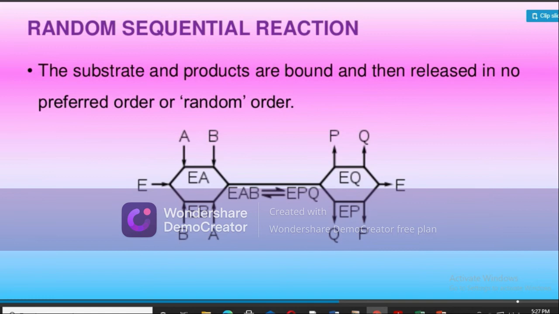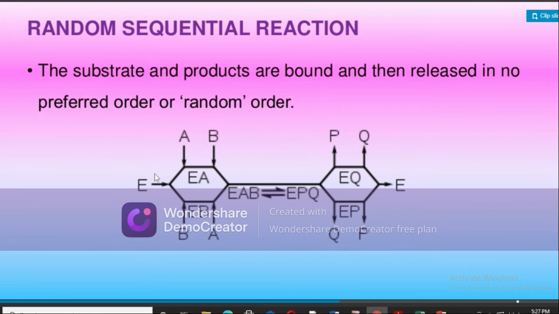Then we have the random sequential reaction. In random, you can see that you have A and B, then P and Q. What does that mean? It means that A and B have equal chance of binding to your enzyme. A may come first, or B may decide to come first.